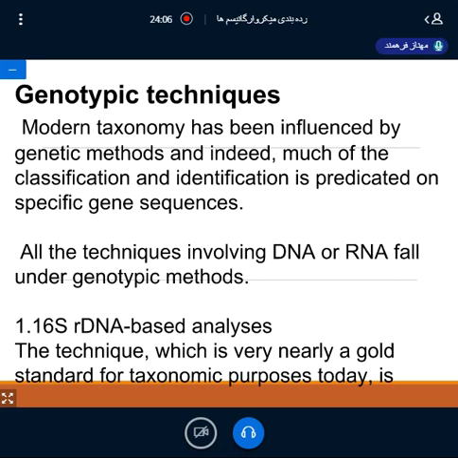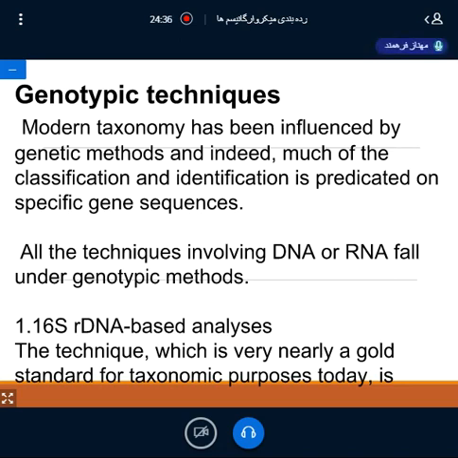Genotyping techniques. Modern taxonomy has been influenced by genetic methods, and indeed much of the classification and identification is predicated on specific gene sequences. All the techniques involving DNA or RNA fall under genotyping methods.